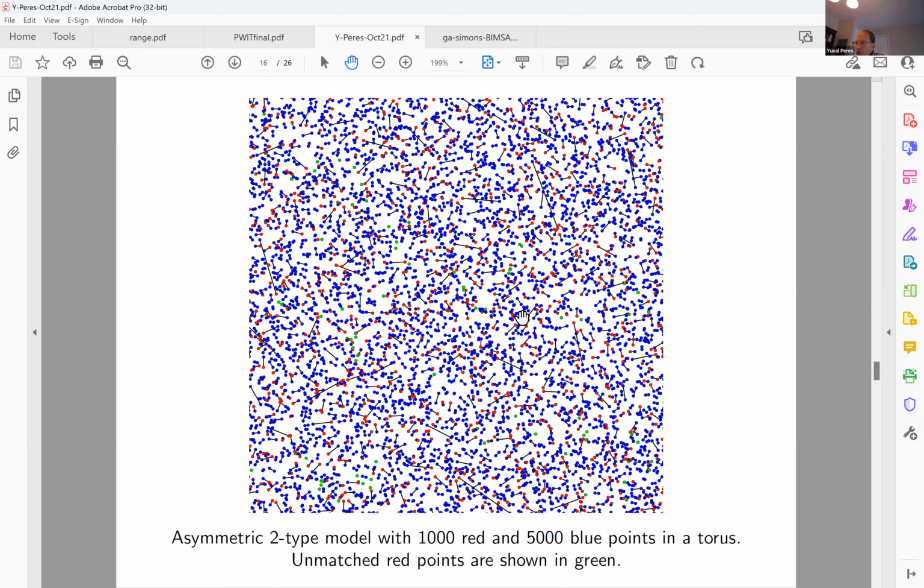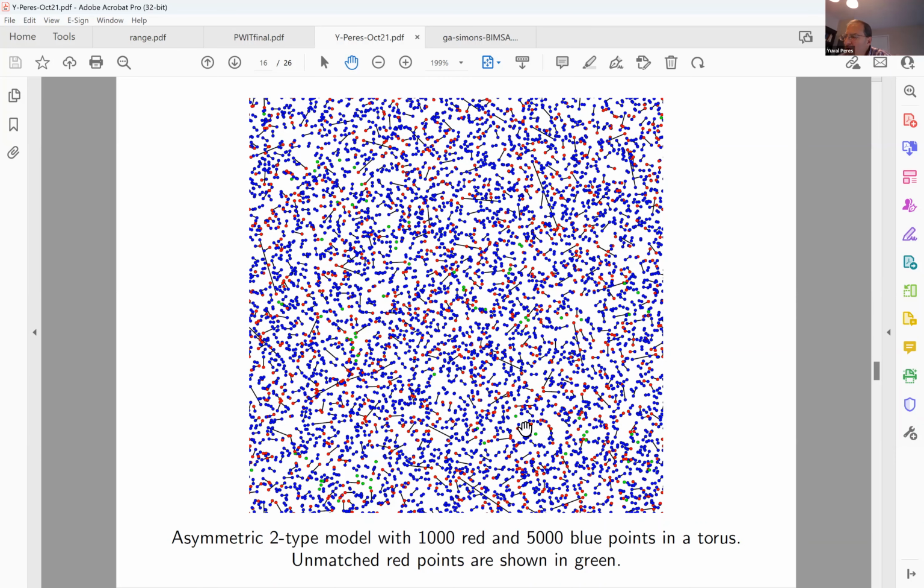So the question is, in the end, are there red points left over? And note that there can be no blue points left over, because if there are many blue points left over, they will just match to each other. So the only question is, are there red points left over, the ones who are more picky and won't match to their own kind? In this picture, the leftover red points at the end of the process are recolored green so we can see them.